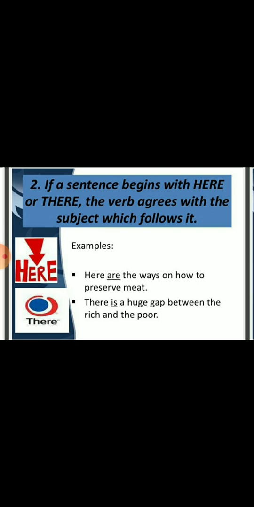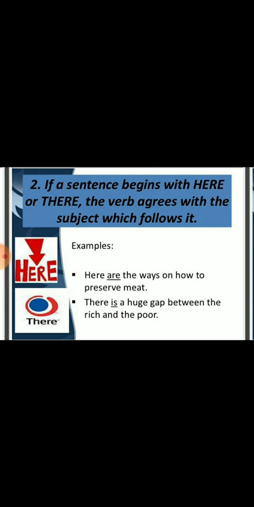Just see the example. Here are the ways. "Ways" is plural, that is why "are" has come. Here are the ways on how to preserve meat. So "ways" is plural, that is why "are" is used after "here".